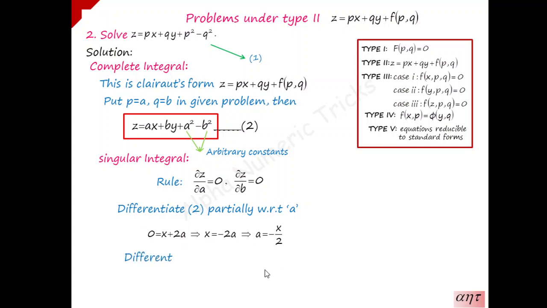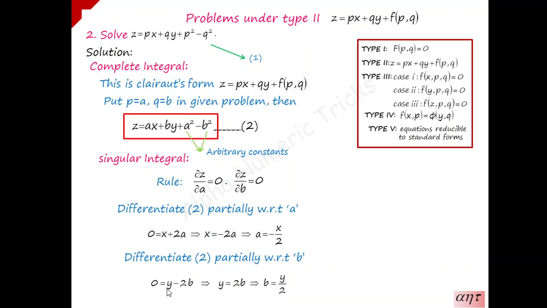Now you have to differentiate this complete integral again partially with respect to the other arbitrary constant b. In that case, ∂z/∂b, equated to 0 using this rule, is equal to the differentiation of ax with respect to b, which becomes 0 because ax is constant, plus the differentiation of by with respect to b, which is y because y is constant and the differentiation of b with respect to b is 1, plus the differentiation of a squared with respect to b, which is 0, minus the differentiation of b squared with respect to b, which is 2b.